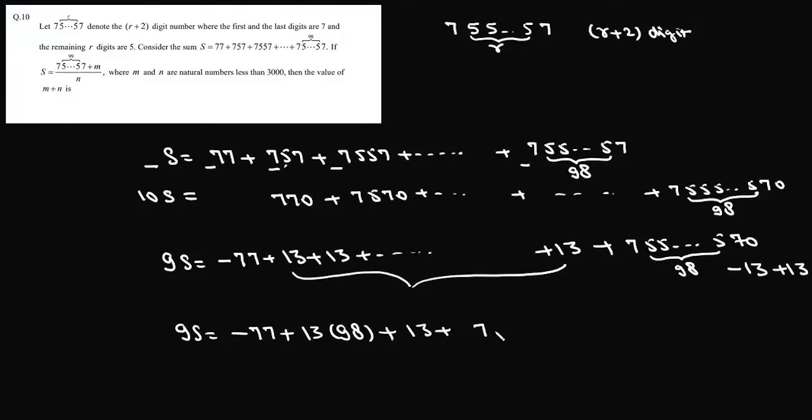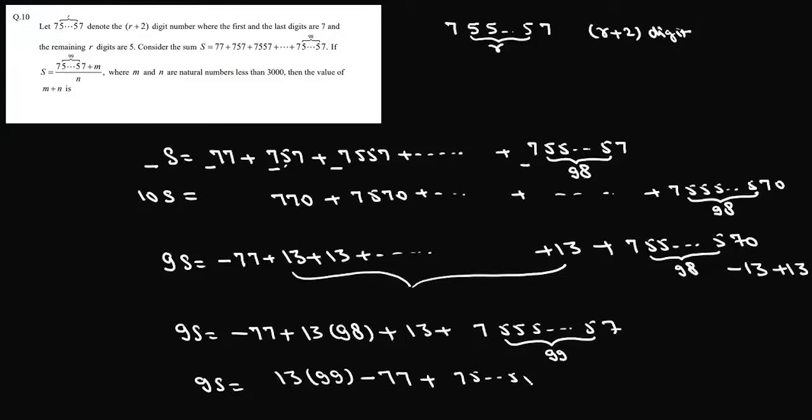So it'll become 7, 5, 5, 5, 5, 7, with 99 times 5. So basically this is 9S and this is 13 into 99 minus 77 plus 7, 5, 5, 5, 7, 99 times, which we need in the question.